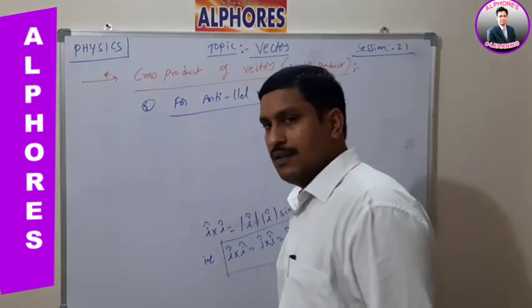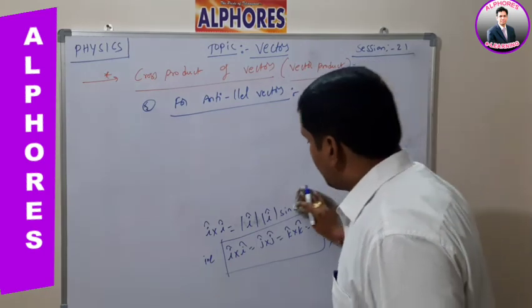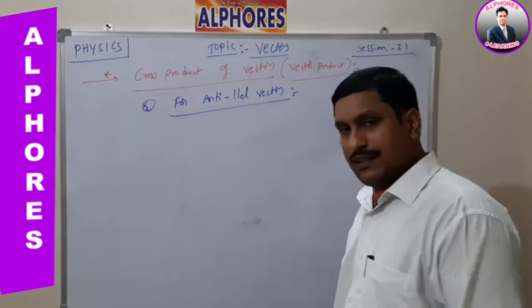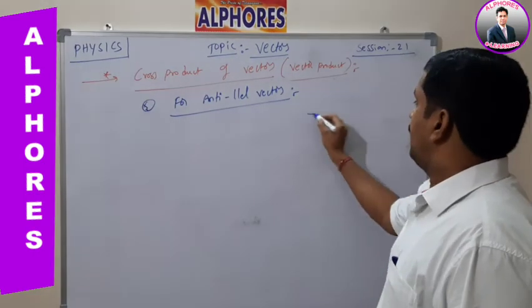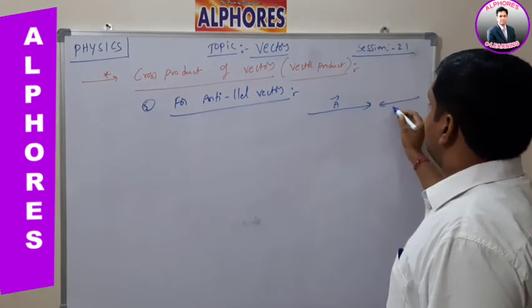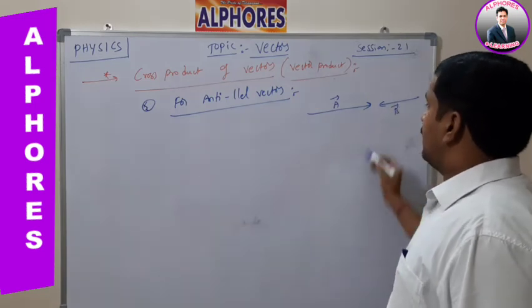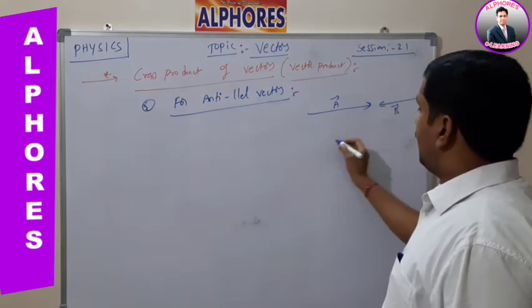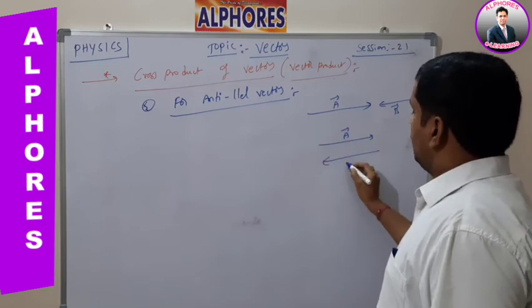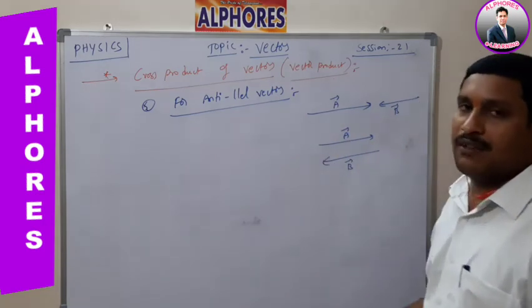What is the meaning of anti-parallel vectors? They are two different vectors which are oriented in opposite directions. Let us take them as A bar and B bar. Both vectors are oriented in opposite directions along the same line, or sometimes you can take them like this also. So these are the representations of two anti-parallel vectors.